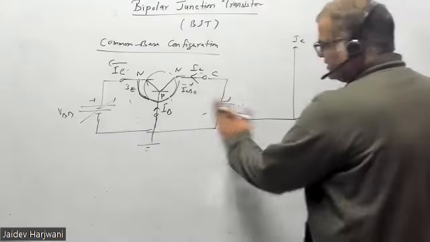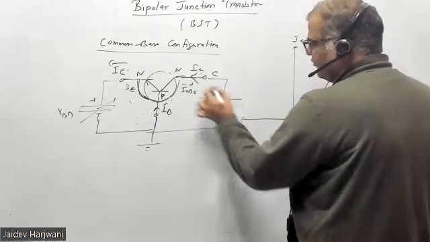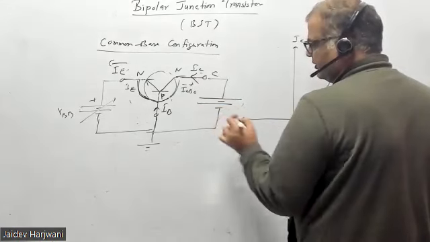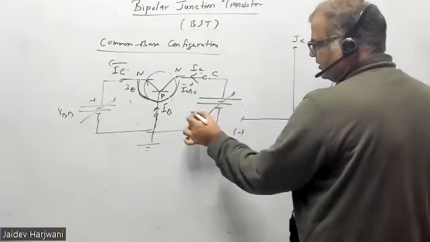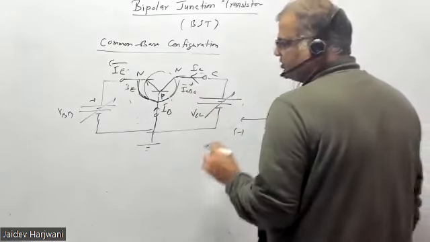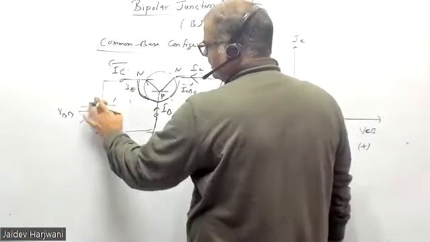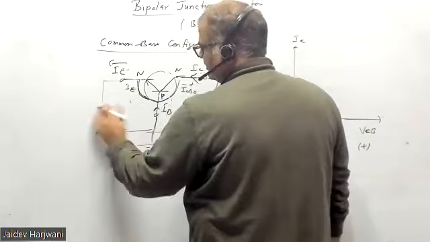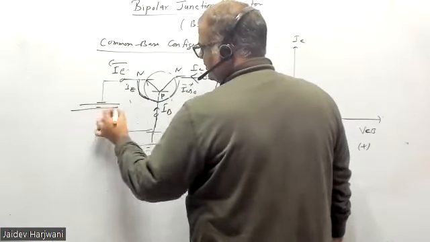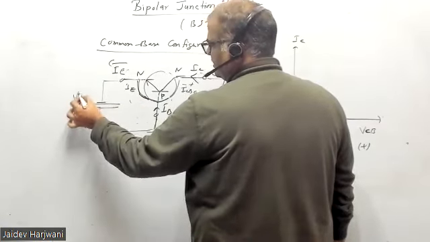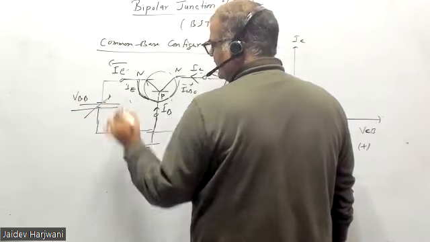So for NPN transistor, I have to change the polarities. I have to make this positive, okay. This is VCC. So now VCB becomes positive, and here I have to make negative. So this is my VBB, okay.